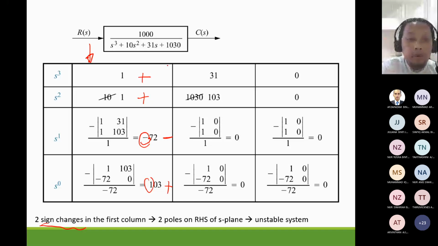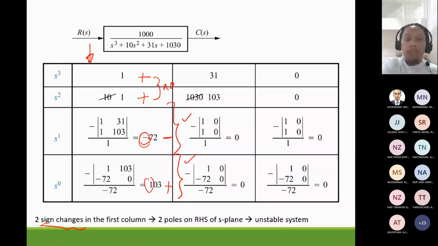So from row S3 to S2, no sign changes because it goes from positive to positive. And then from row S2 to row S1, there's a sign change, positive to negative. So yes, one sign change. And then from row S1 to S0, you have another sign change from negative to positive.